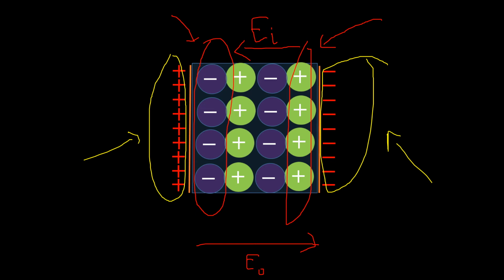Whereas the charges on the surface of dielectric, they are bound charges. So that is the basic difference between the two, and we'll discuss it in the forthcoming topics. For now, let us see the other type of dielectric.